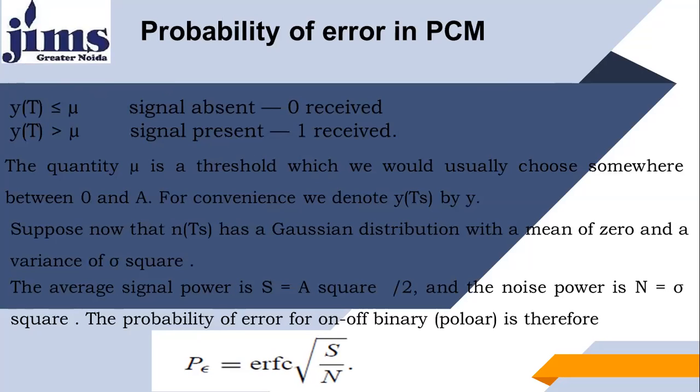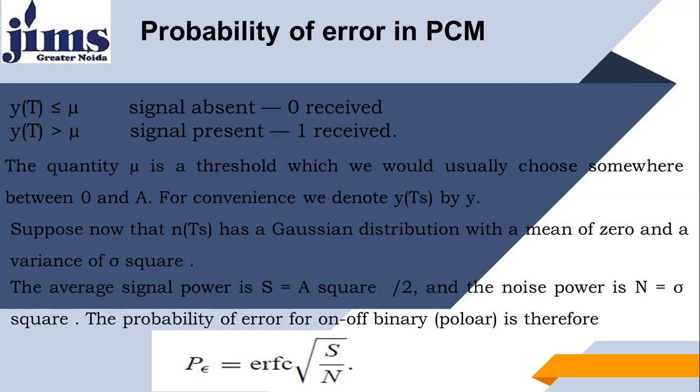If the voltage level that the receiver received, y(t), is less than or equal to some mu, then the receiver declares signal is absent, meaning 0 is received. When the y(t) received at the receiver is greater than mu, which is the threshold value, then signal is present and the receiver declares 1 received, right?